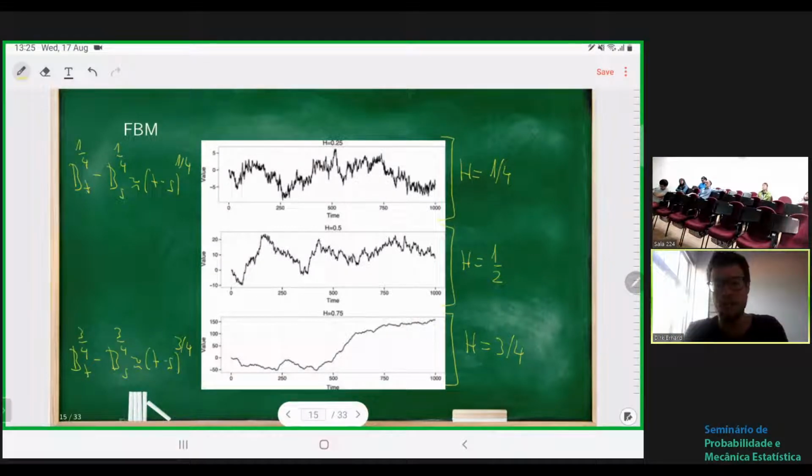A way to formalize this is to say that if H is 1/4, the process is negatively correlated. If H is 3/4, it's positively correlated. And this makes sense if you think of current and occupation time. The first case corresponds to the limit of the current, and the second, H equal to 3/4, is the occupation time field.